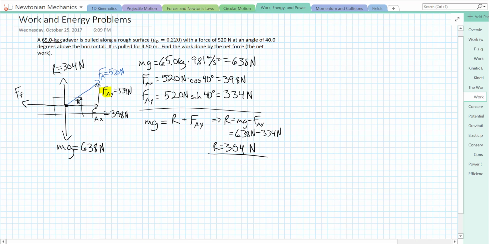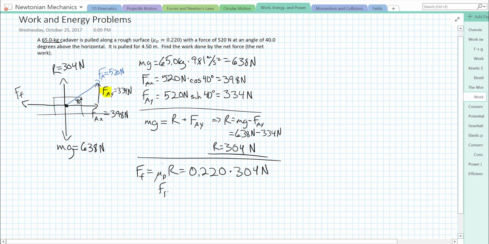Once we have our normal force, we can get the frictional force, because we know friction, kinetic friction at least, or dynamic friction, is mu dynamic times our normal force. We know mu d is 0.220. My normal force is 304 newtons.